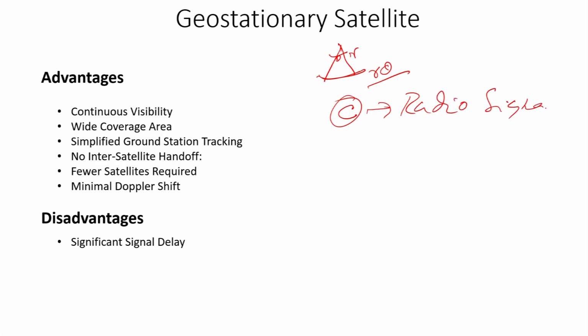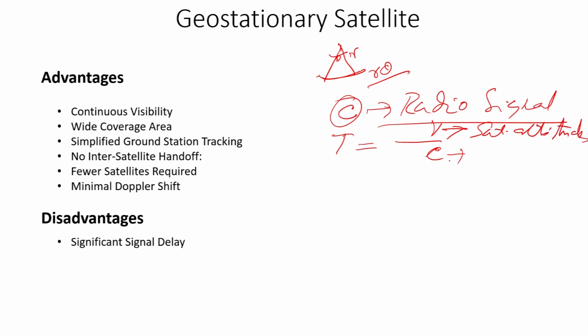If I consider the velocity of light c, the velocity of the radio signal, then the time taken will be r by c, where r is the satellite altitude and c is the velocity of the RF signal. So, when r is high, there is a significant signal delay.